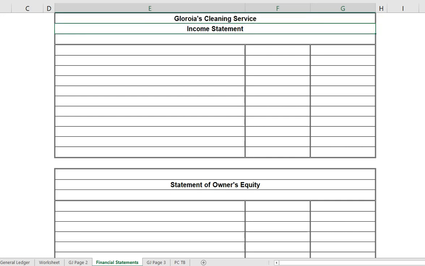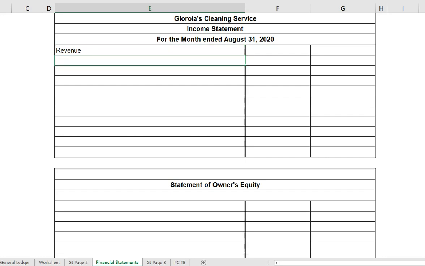Okay, it's an income statement and it's for the month ended August 31, 2020. Okay, so our income statement will start with our revenue. So this is our heading.